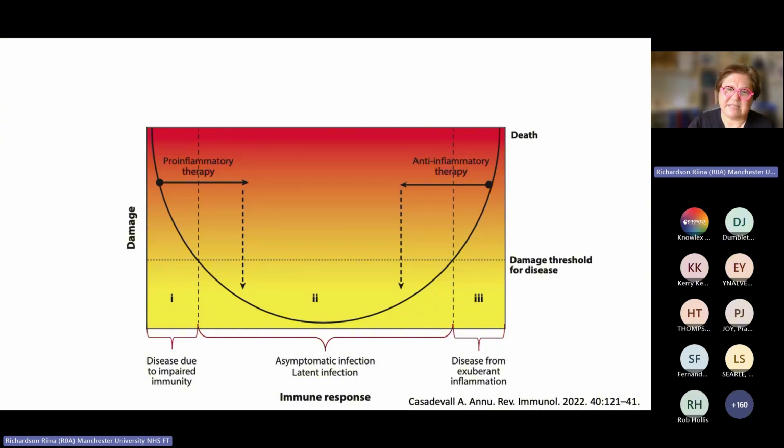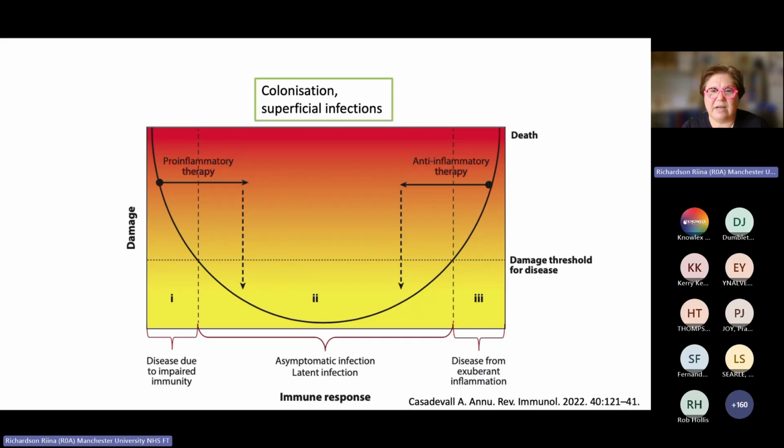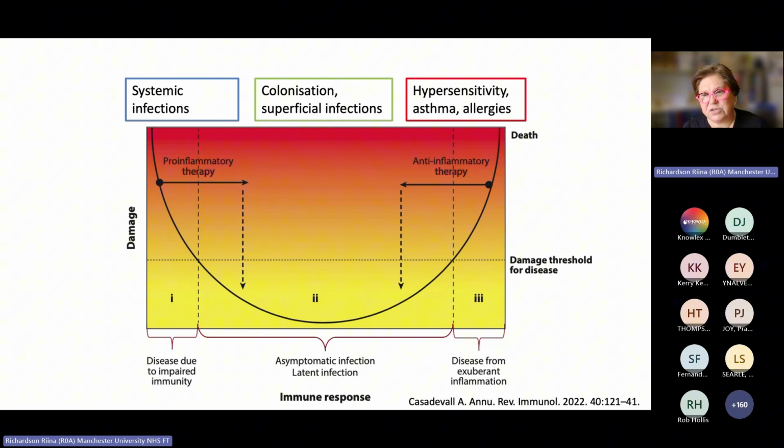To make this make sense: in the middle, we talk about colonization and superficial infections. On the left, we have invasive systemic infections, and on the right, it's hypersensitivity, asthma, and allergies. So that is the spectrum of things.